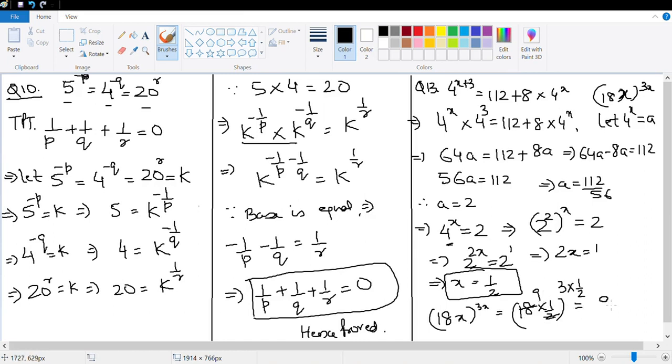So 9 to the power 3 upon 2, which means the square root of 9 to the power 3. Perfect. So 9 to the power 3 upon 2, that's not complicated. So 9 can be written as 3 square to the power 3 upon 2. 2 and 2 get cancelled, so that's 3 cube, which is equal to 27.